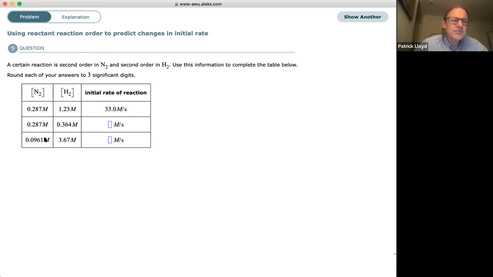Okay, so these all have 3 significant digits. So they give you these concentrations and the rate. Then they give you these concentrations and ask you for the rate. Then they give you these concentrations and they ask you for the rate. Okay, so it's not obvious how you approach this, but like I was just saying, it's really just a math problem, to be honest with you, but it's useful.